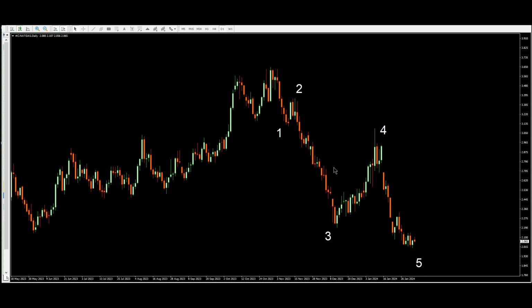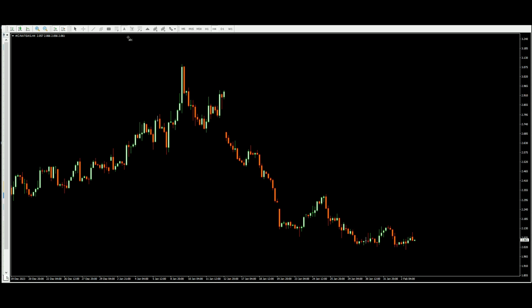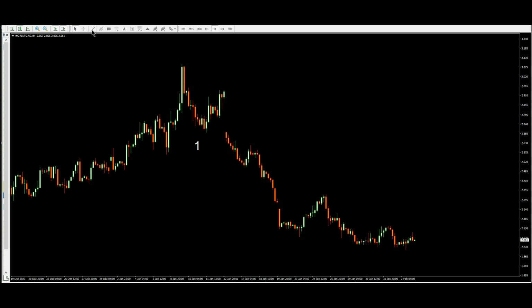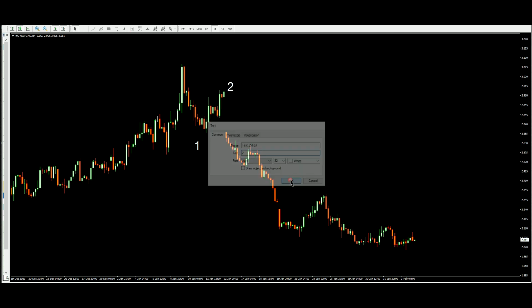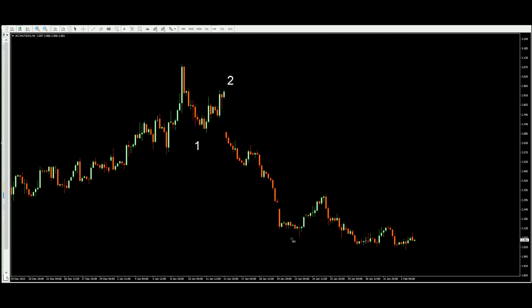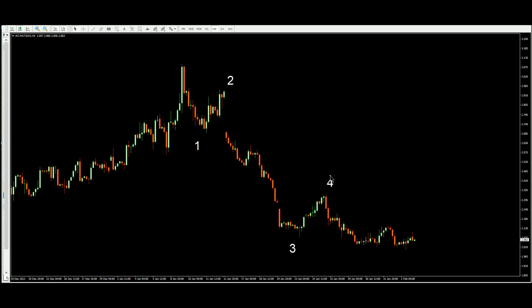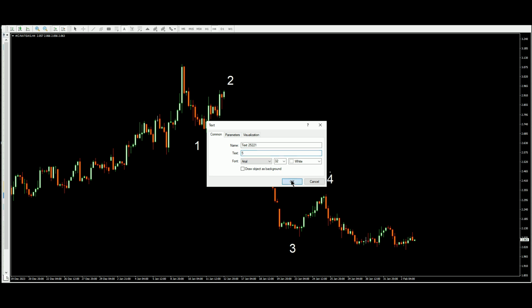Let's see lower time frame. As you can see, this is wave 1, 2, and here in this area we can put Elliott wave here in a lot of way, but maybe here is wave 3, and this is wave 4, and we wait for wave 5.